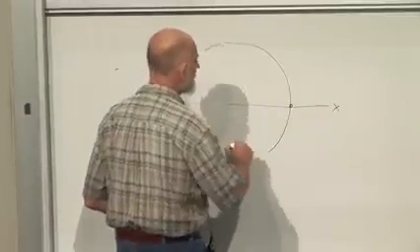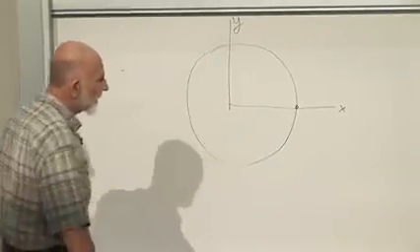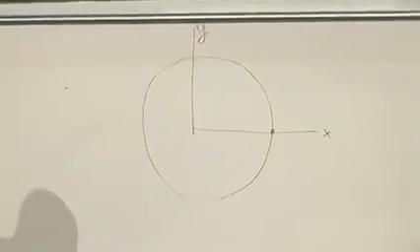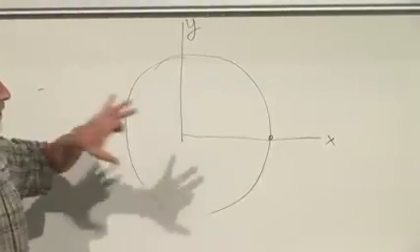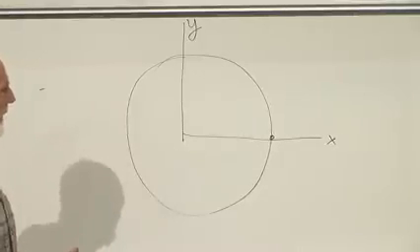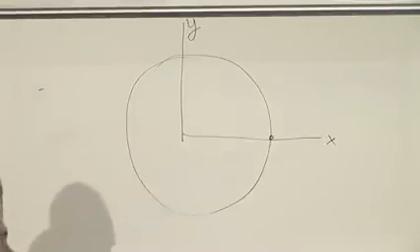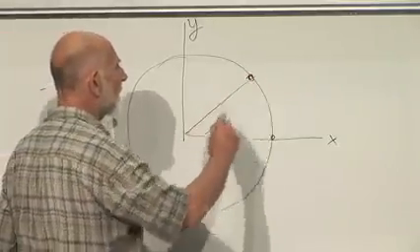So here's x, and here is y. X and y are the components of its position. For us now, we're going to ignore the third direction. Z plays no role. It's a particle moving on a plane. It has two coordinates, x and y. And at any given time, it's on the circle.